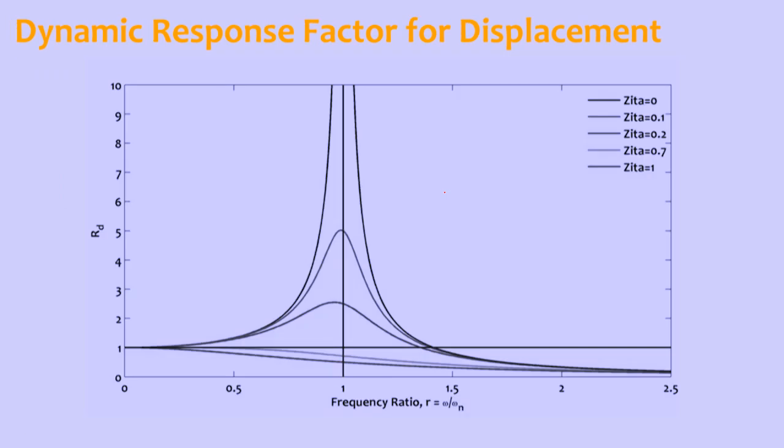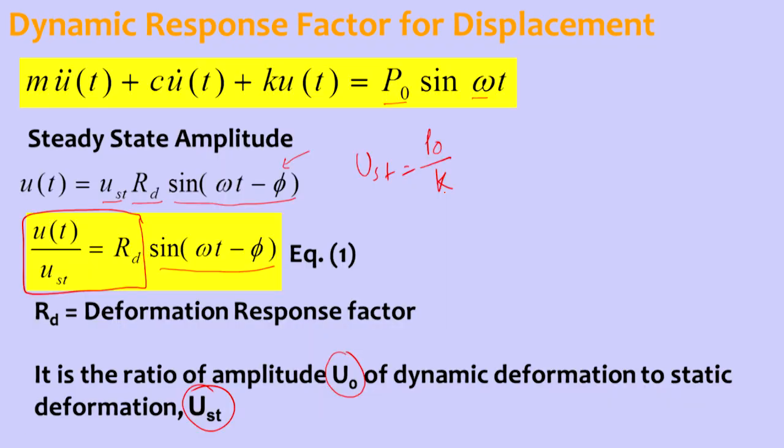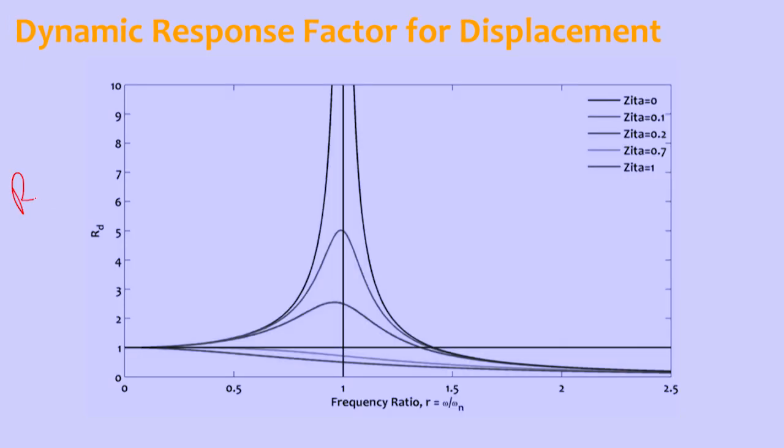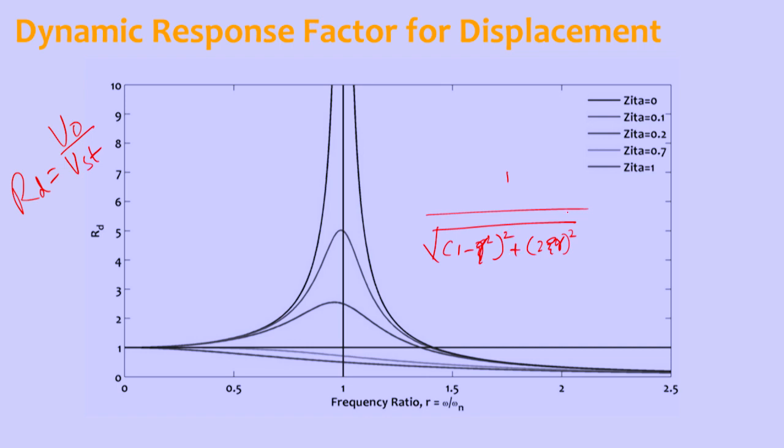Now, if we plot this curve, Rd is U0 by Ust, and the equation for Rd is 1 by the square root of (1 minus r square) whole square plus (2 zeta r) whole square.